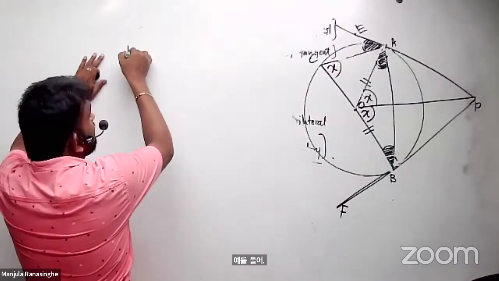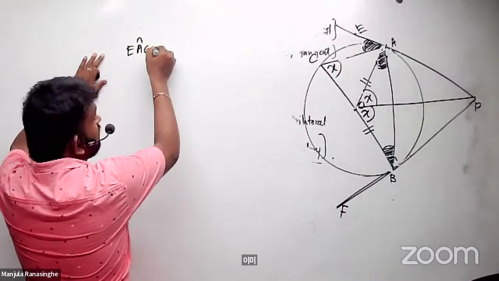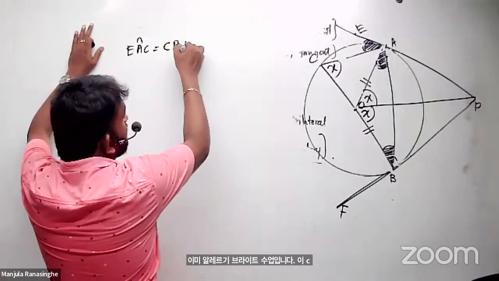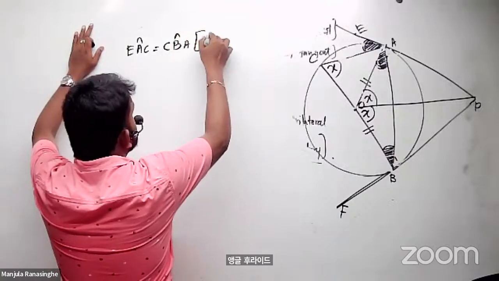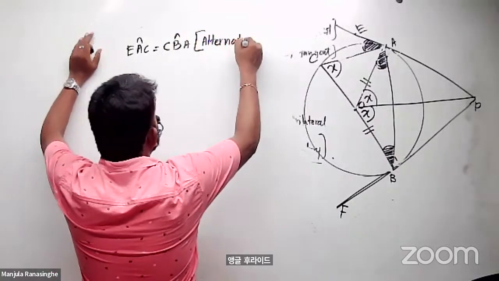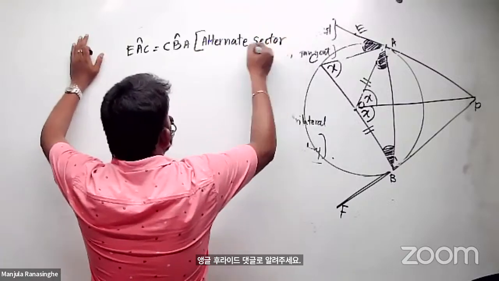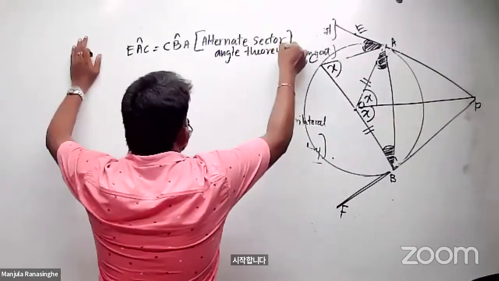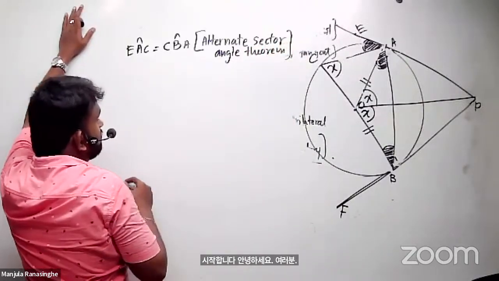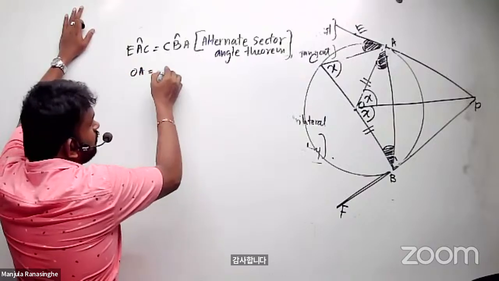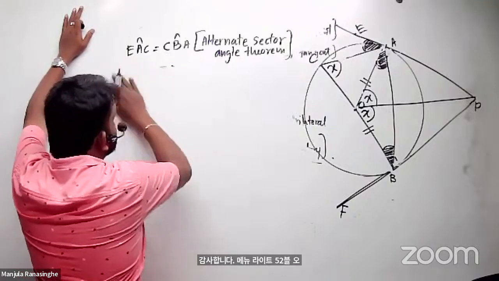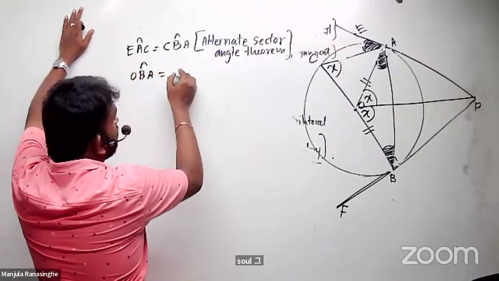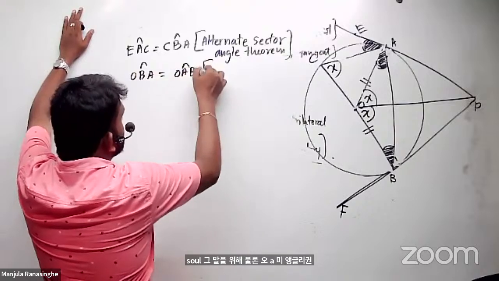So we can write angle EAC equals angle CBA, the reason: alternate segment angle theorem. Then you write OE equals OB. Angle OEA equals angle OAB. What is the reason?